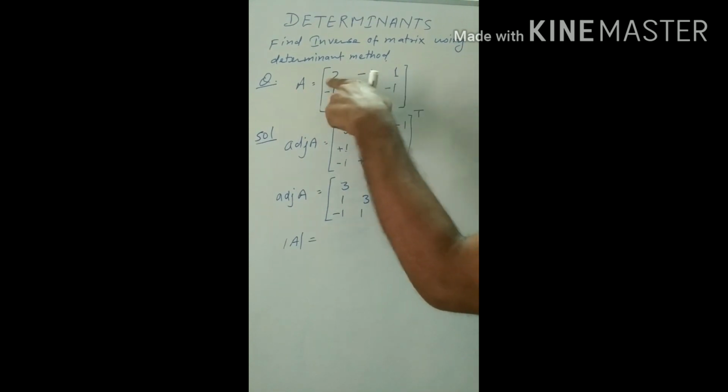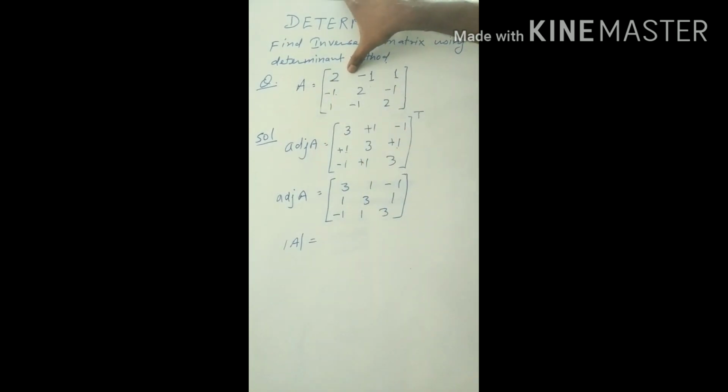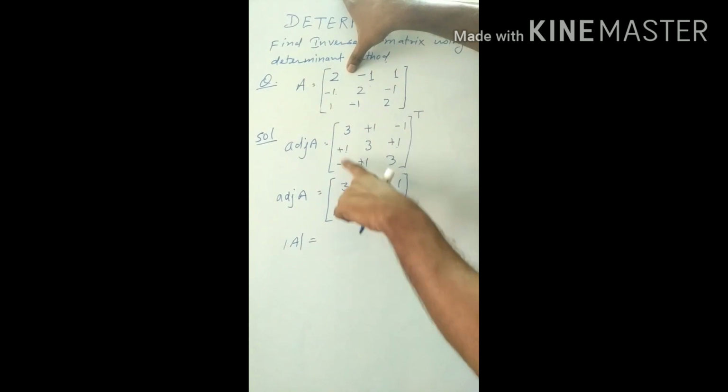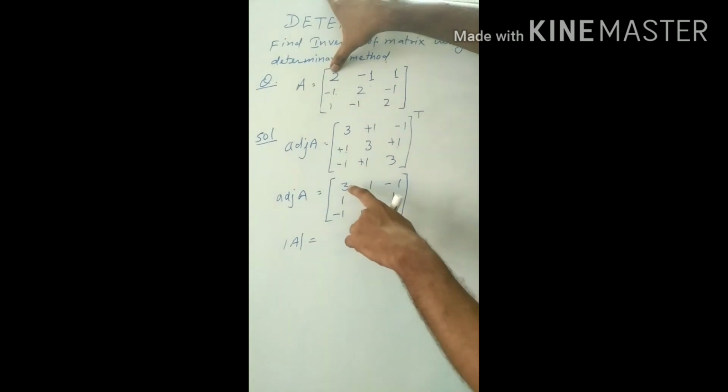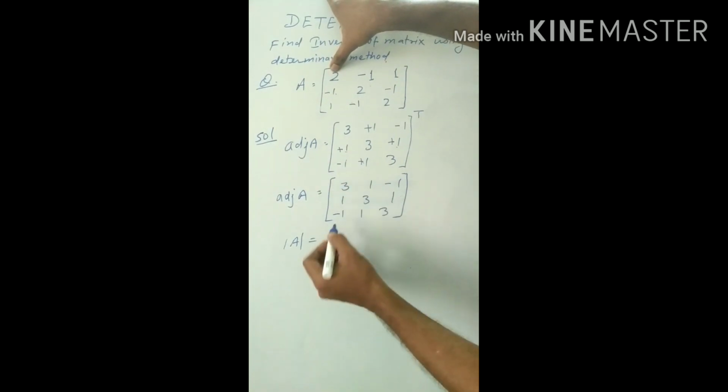Use the first row of matrix A and the first column of adjoint A and multiply these. 2 into 3 is 6, plus sign.